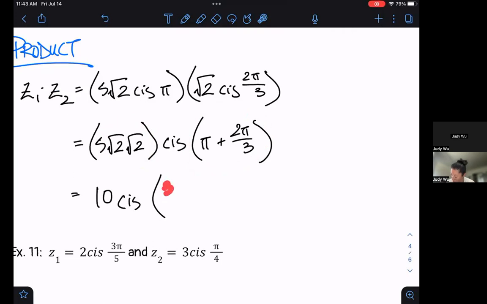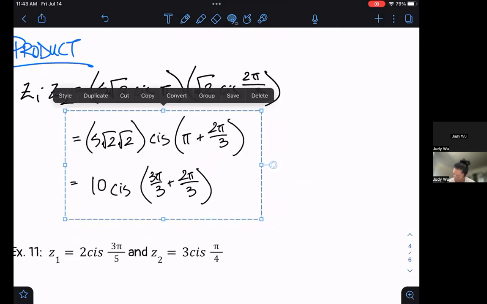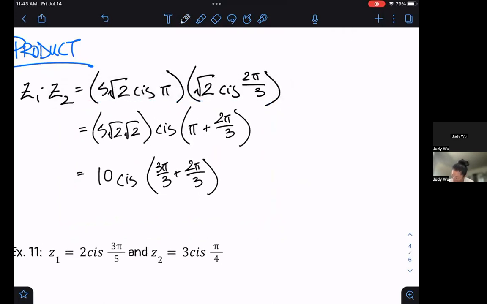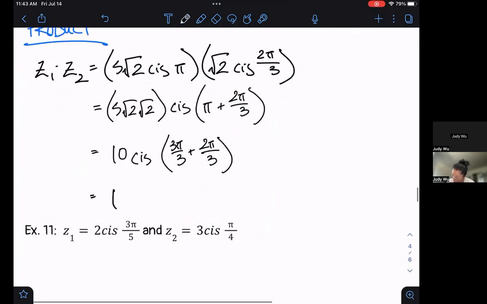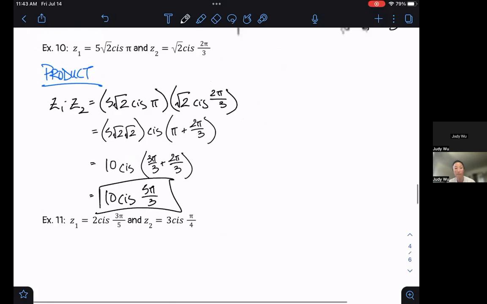So really that's 3 pi over 3 plus 2 pi over 3, which really gives me 10 cis of 5 pi over 3. Okay, so I'm multiplying my r's, but I'm adding my angles.